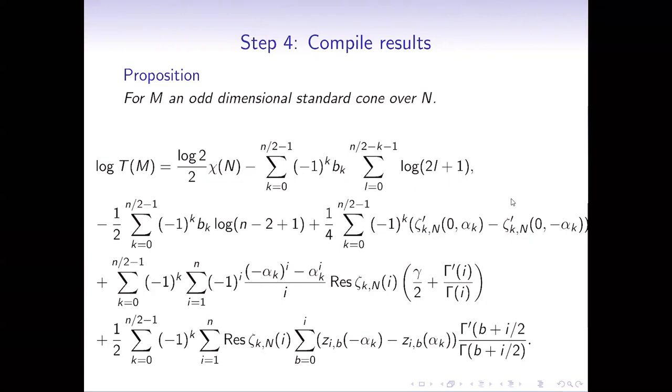And for completeness' sake, this is something I think we saw at one point in class: zeta for some sequence, comma, some number, is the sum, like a shifted zeta function.